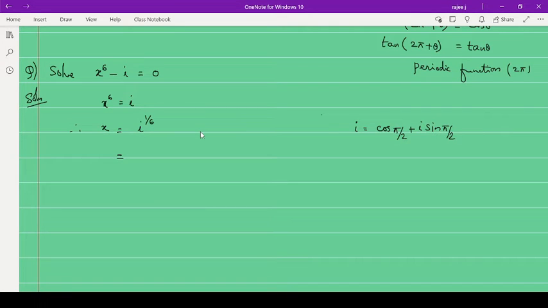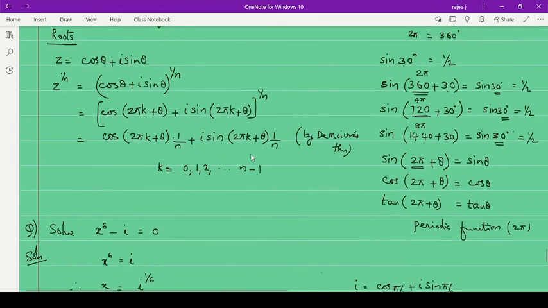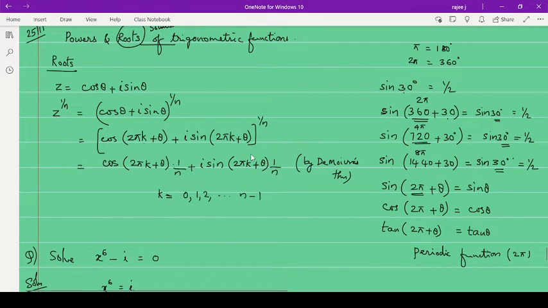So i is equal to cos 90, which is 0, plus i into sin 90, which is 1. So i into 1 is i. In that way you can remember that. So this is cos pi by 2 plus i sin pi by 2, the whole raised to 1 by 6. Then what is the next step? Here I wrote it as cos theta plus i sin theta whole raised to 1 by n.